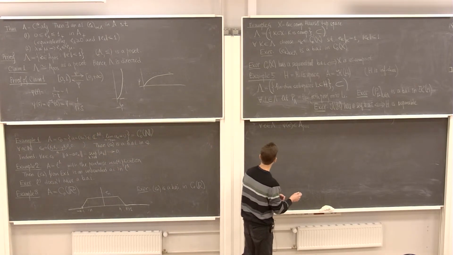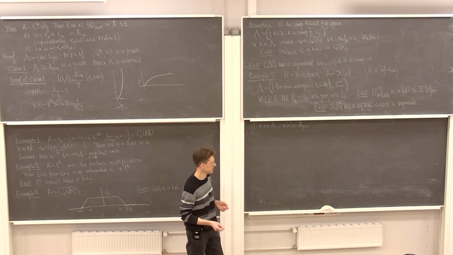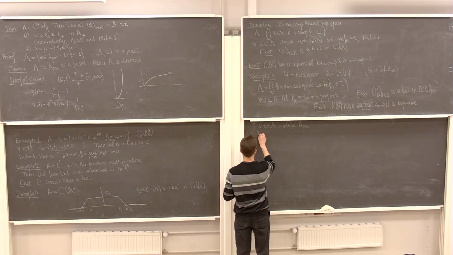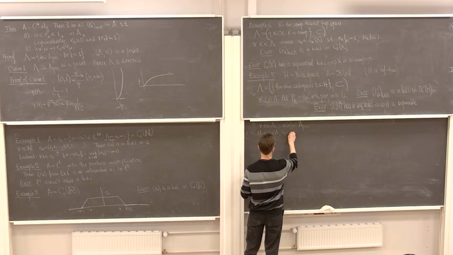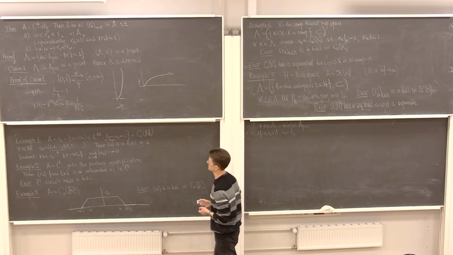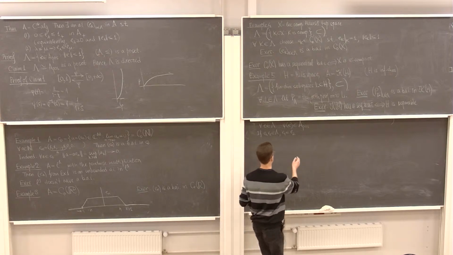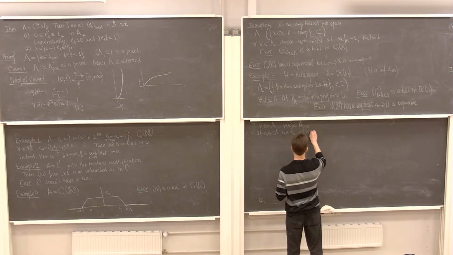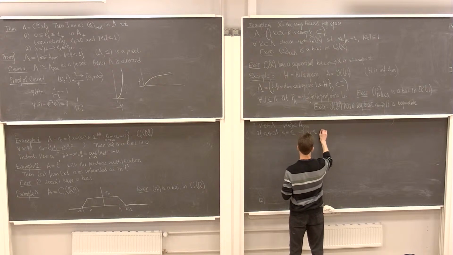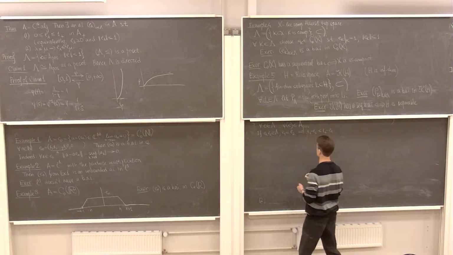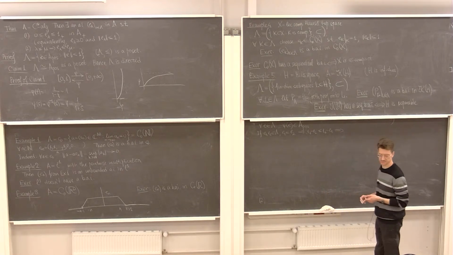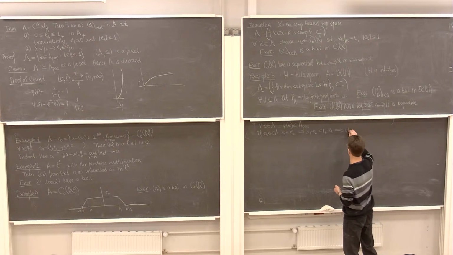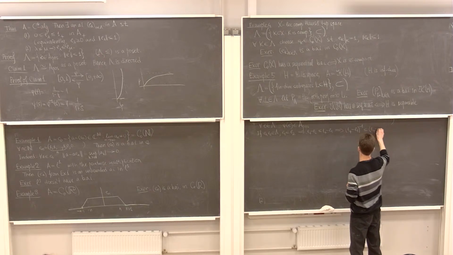Okay, let's now observe that phi preserves the order relation. So suppose that we have two elements E1, E2 in lambda, such that E1 is less than or equal to E2. Then 1 minus E2 is less than or equal to 1 minus E1. We now use one of the properties of our order relation, which tells us that, in this case, 1 minus E1 inverse is less than or equal to 1 minus E2 inverse.